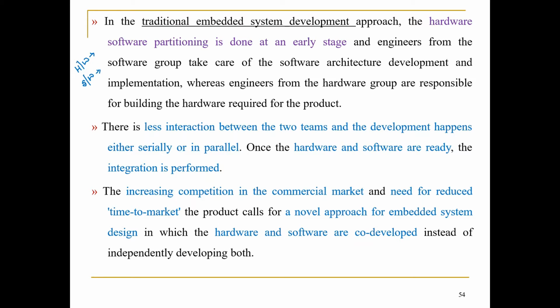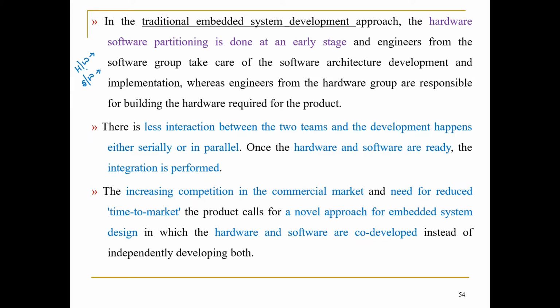The hardware developers would study the system requirements and manufacture the hardware components. After that, the next task would be given to the software manufacturer, who would look into the system requirements and manufacture the software corresponding to the embedded system.